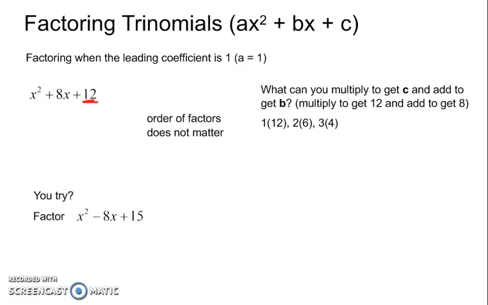We want to know what we can multiply to get 12 and add to get b, which in this case is 8. So our factors of 12 are 1 and 12, 2 and 6, and 3 and 4. Which of those combinations will add to get 8? It is indeed 2 times 6.